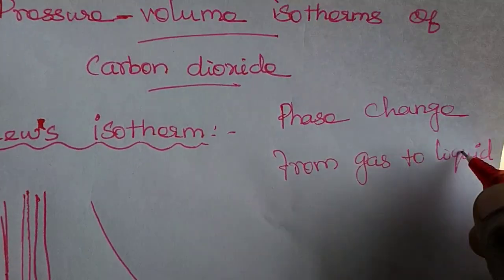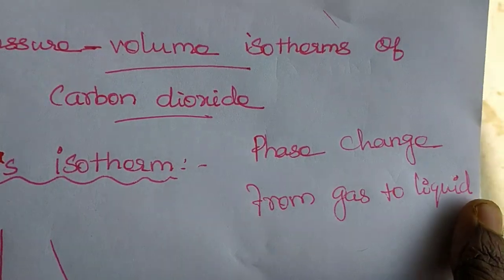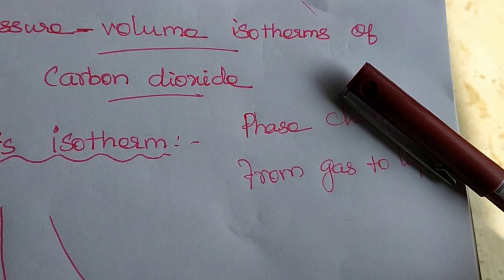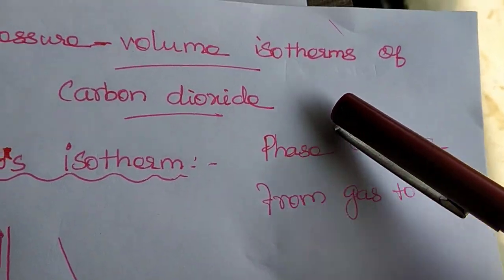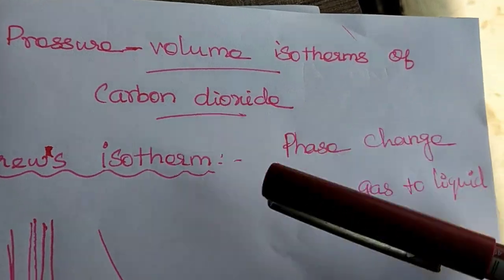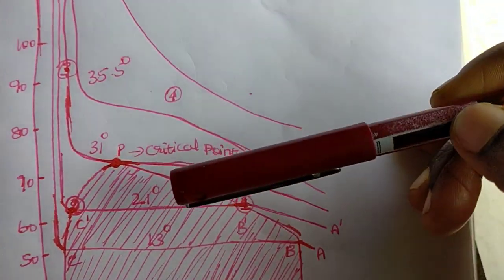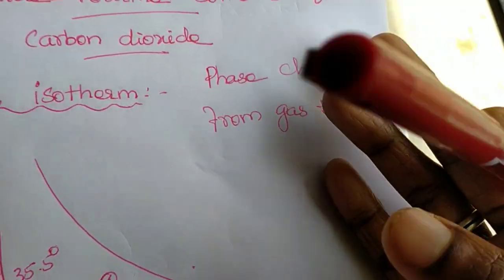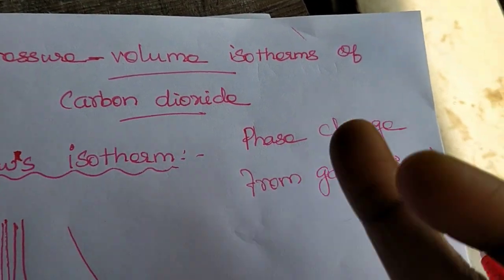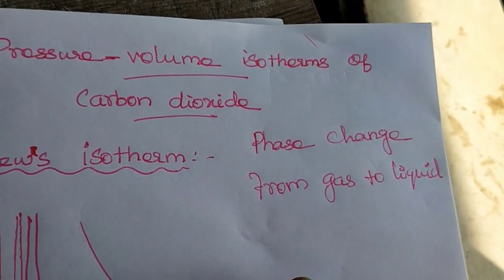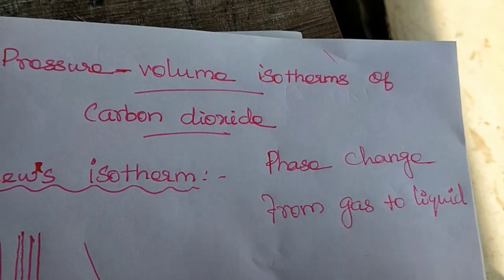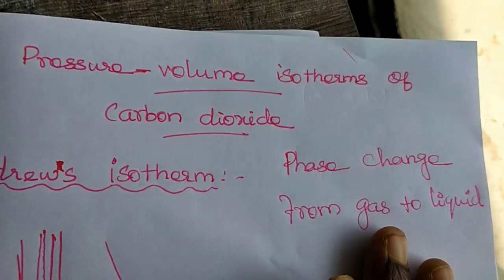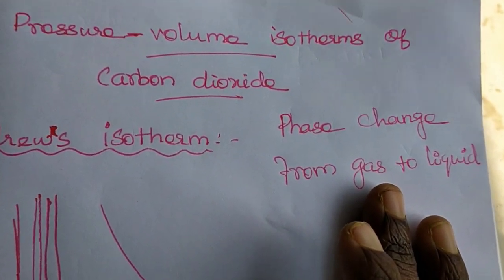You know that to convert this gas into liquid, the gas must undergo some pressure and some volume change. So this carbon dioxide gas undergoes pressure and volume changes at a given temperature. So we have to change the temperature and pressure. So we are going to relate here the pressure and volume isotherm. So when the pressure is increasing, what is the volume of that liquid and the gas particles in that liquefaction process? Okay, so that is under this Andrews isotherm.